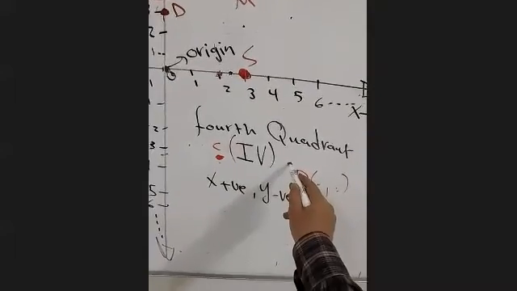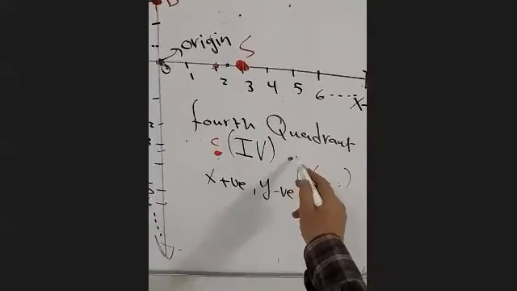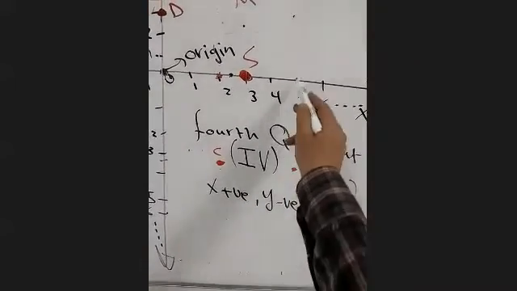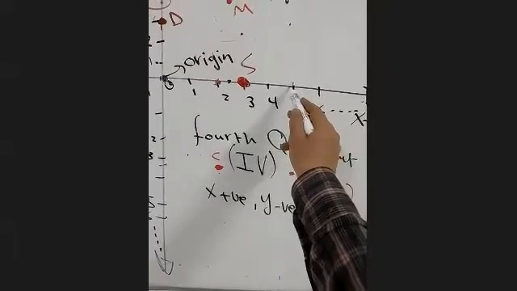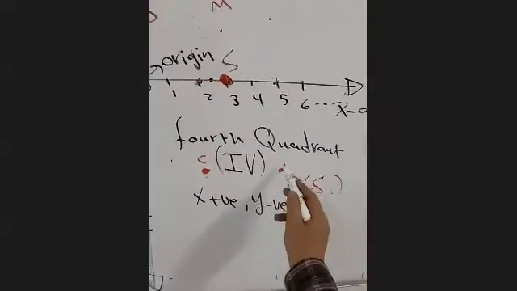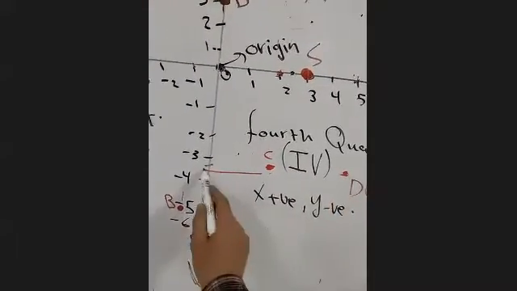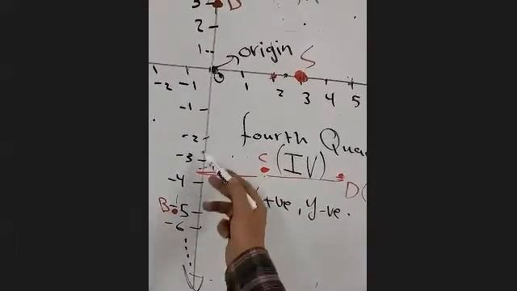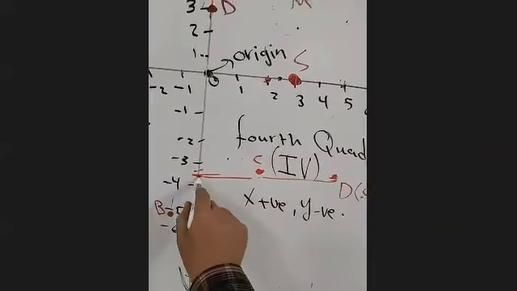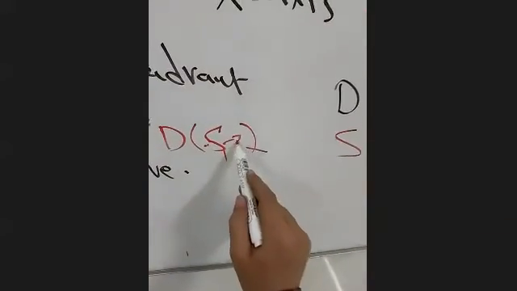Don't get Y, then X. So from D, I go up until I have X. What's X? I will put it. Then I go to Y. Y is between -3 and -4, and in between, we say -3.5.